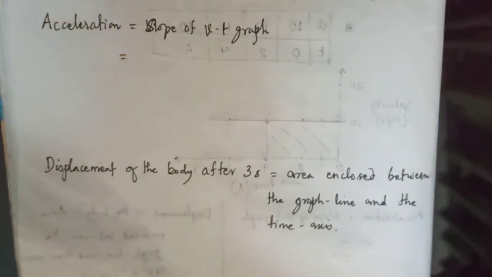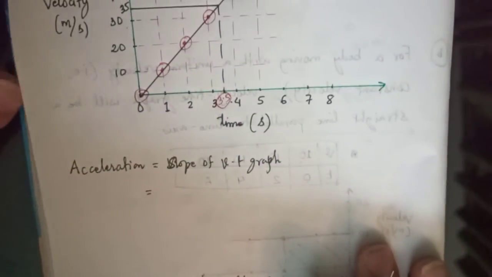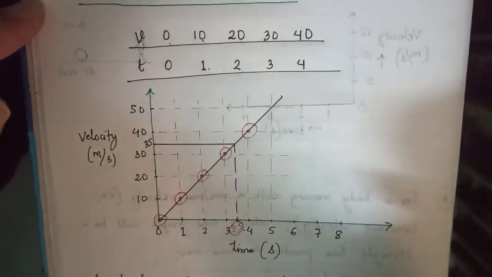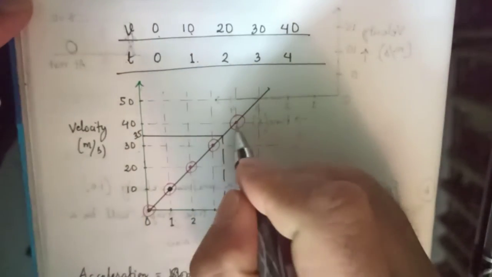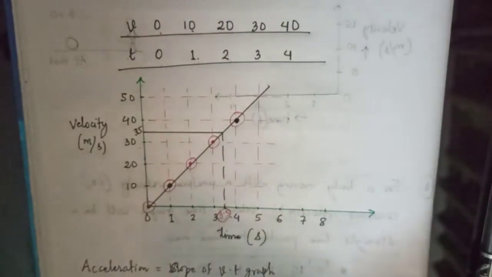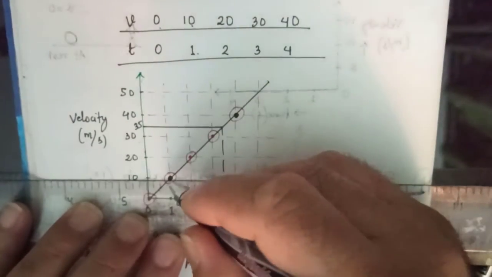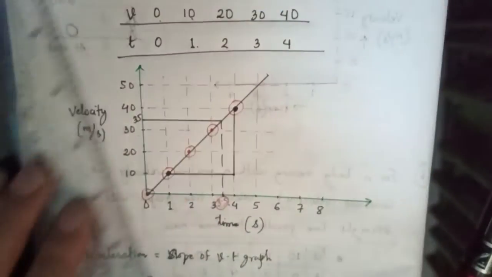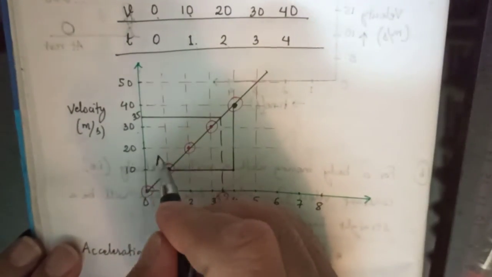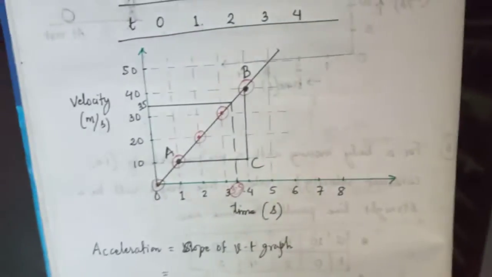To calculate the slope, inclination or gradient, we take any 2 points on this graph line, let's say this point and this point, and complete a right angle triangle. This is A, B and C. ABC is the right angle triangle.